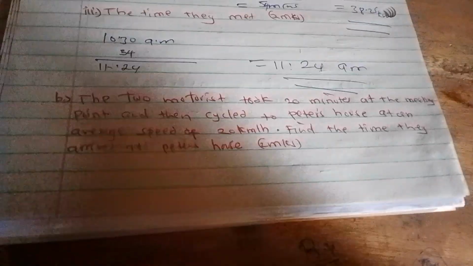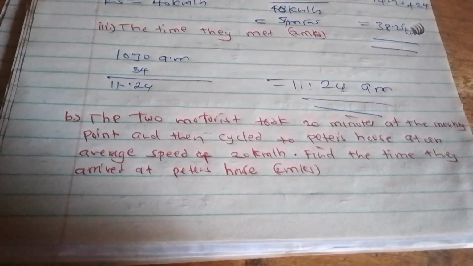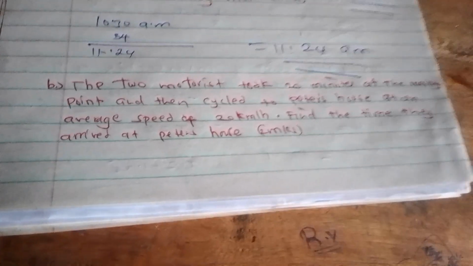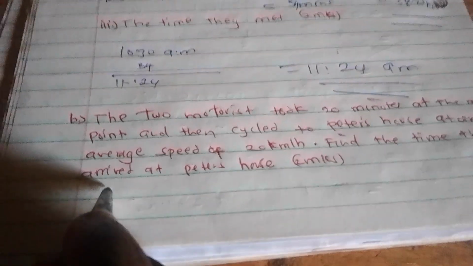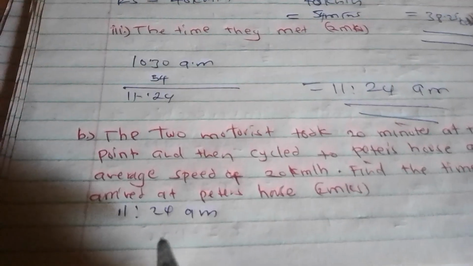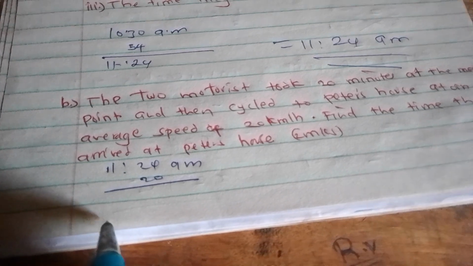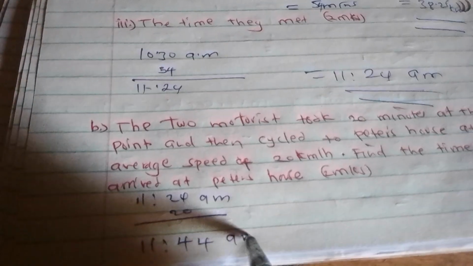So hawa watu walikutana ni kama wakakula lunch mahali hapo, wakajienjoy kidogo, alafu ndio wakasema sasa twende kwako. So they cycled towards Peter's house, not Tom's house. They met at 11:24 a.m. but also took another 20 minutes to rest. So walitoka hapo at 11:44 a.m.